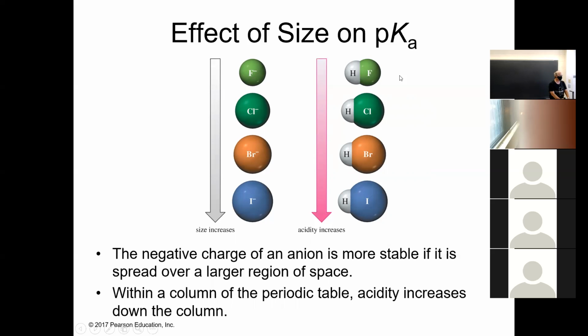So this is a strong bond. With HI, you have a very diffuse electron cloud, a very diffuse orbital, and so the overlap with the hydrogen 1s electron is not very strong.